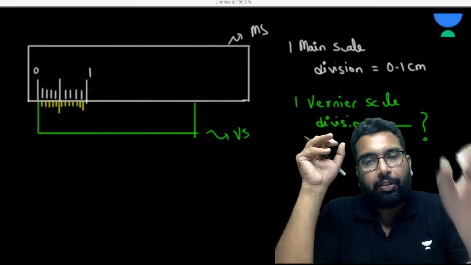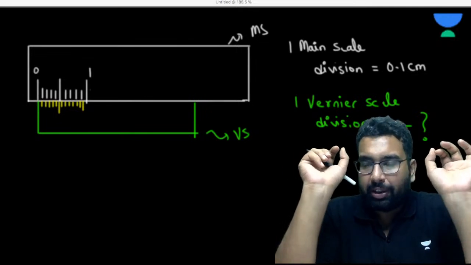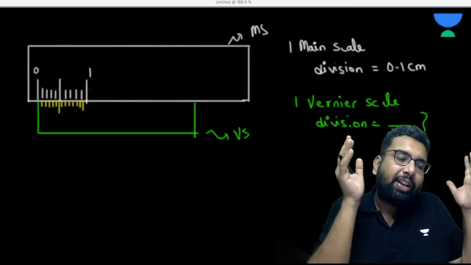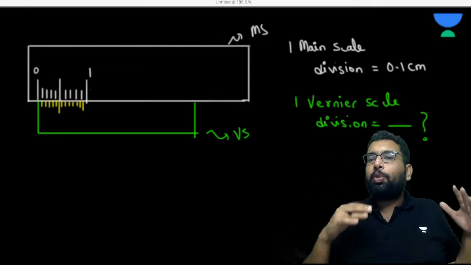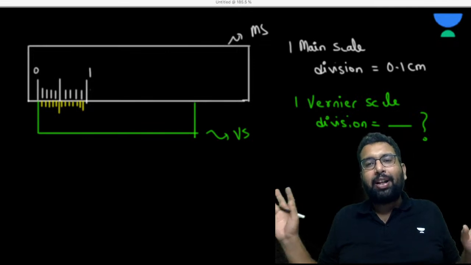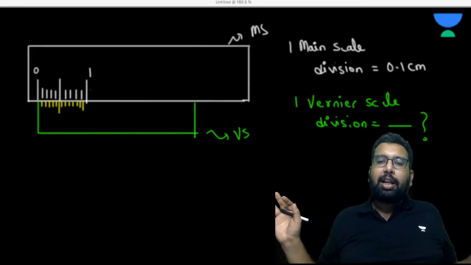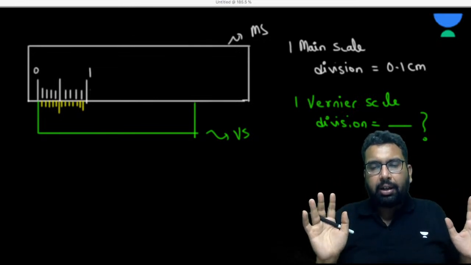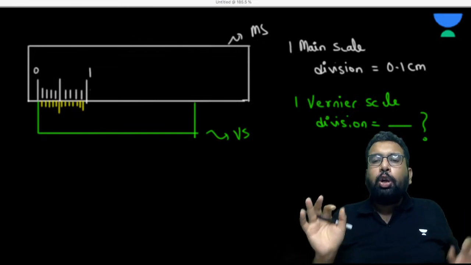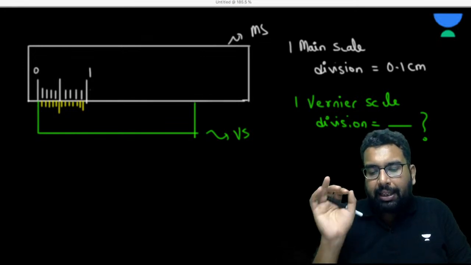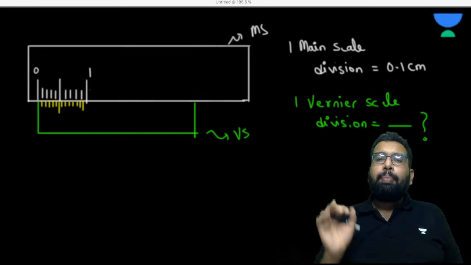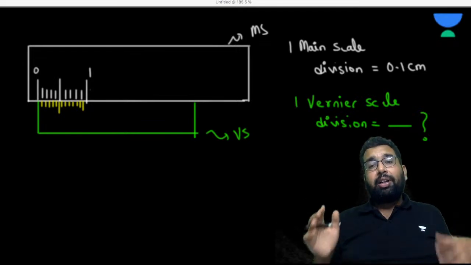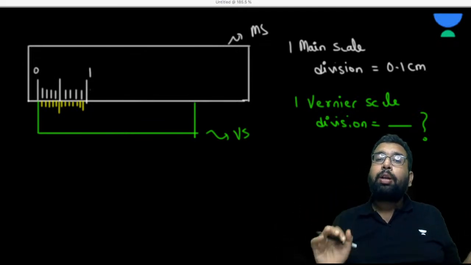Please try to think. Even if you have never seen the vernier caliper and have no intention of going to your laboratory, just use your common sense. When the main scale division is equal to 0.1 centimeter, the vernier scale division has to be less than 0.1 centimeter.